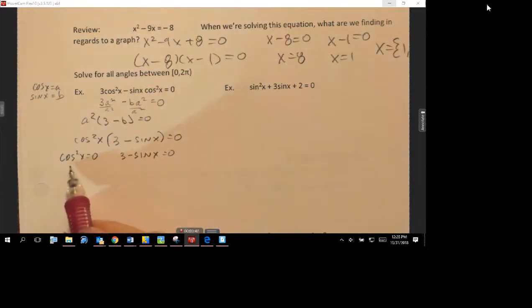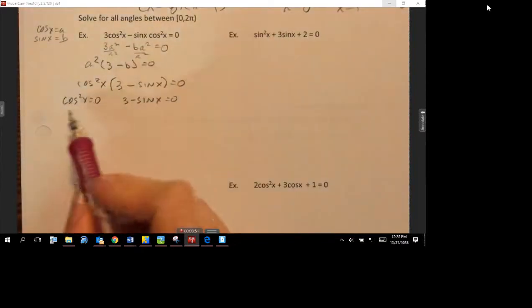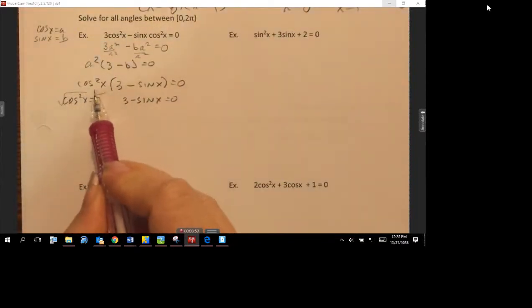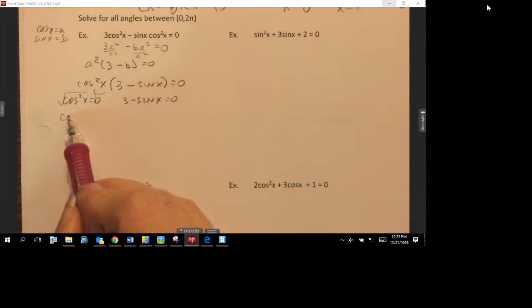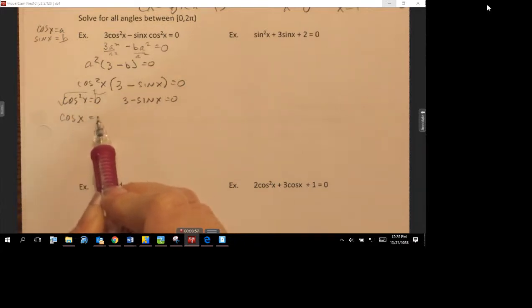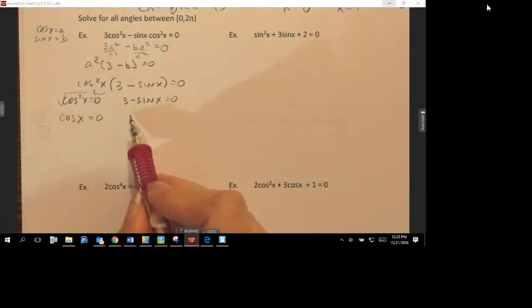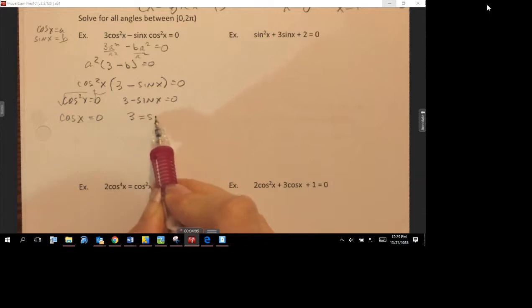So when I go to solve cosine squared x equals 0, I square root both sides, plus minus, but when I square root 0, I don't need plus minus for 0. For this one, I'm going to move the sine over, so I'm going to get 3 equals sine x.